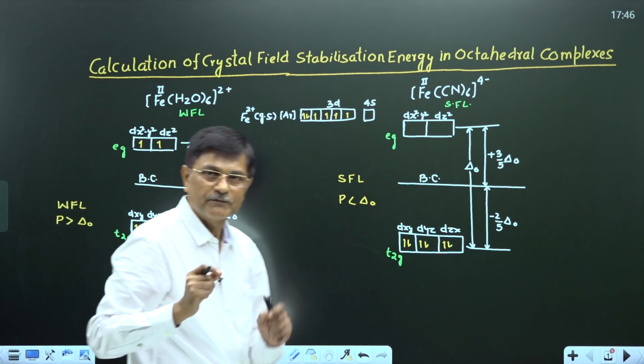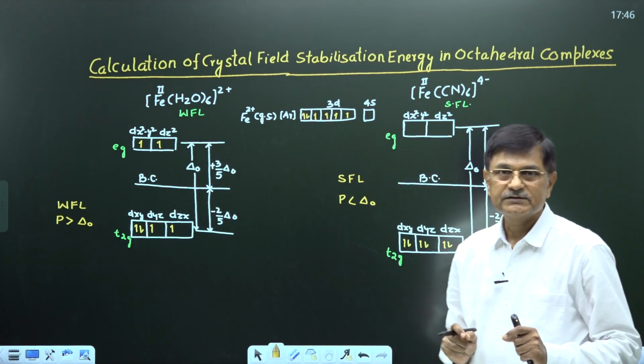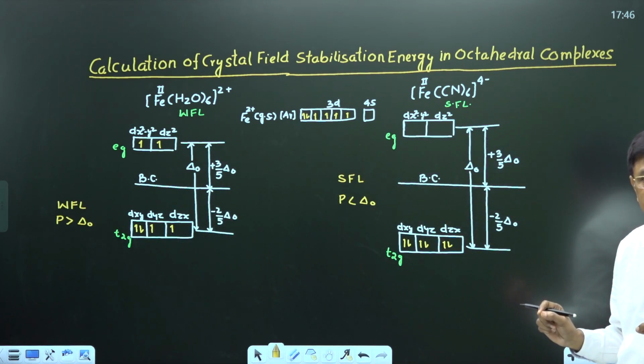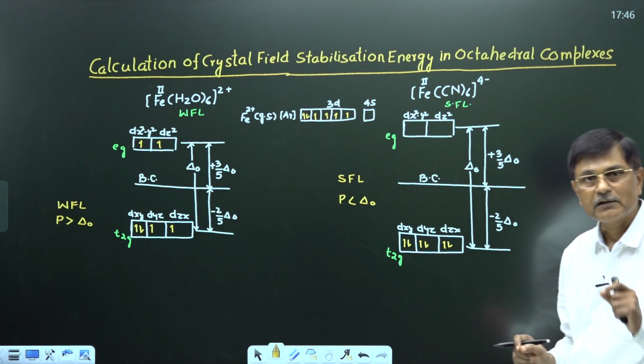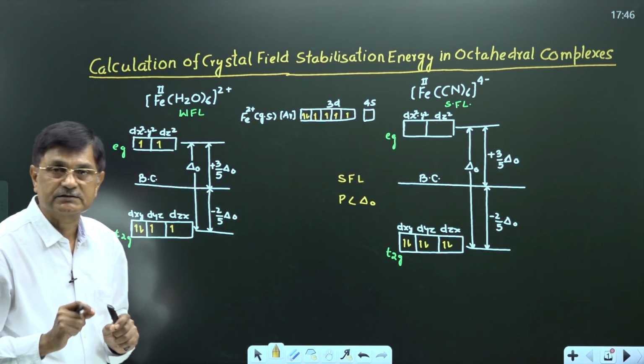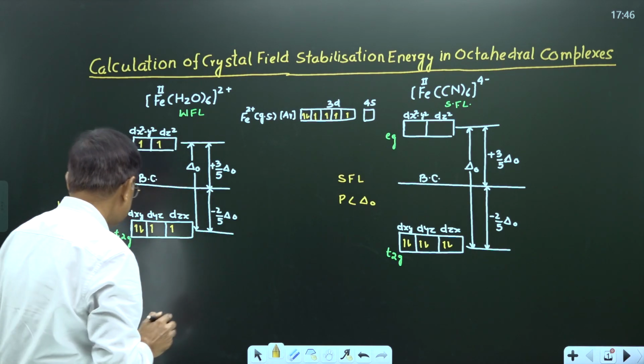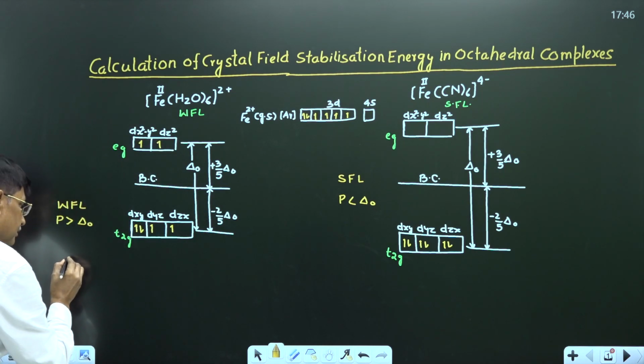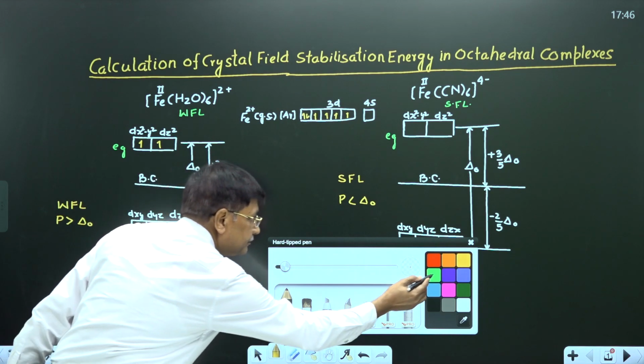Now after filling electrons into these split d orbitals, I will calculate CFSE value, that is crystal field stabilization energy.